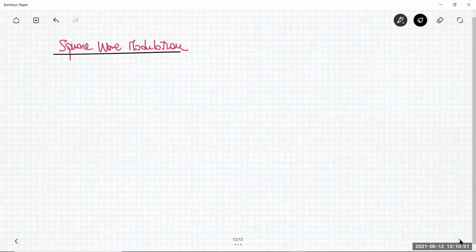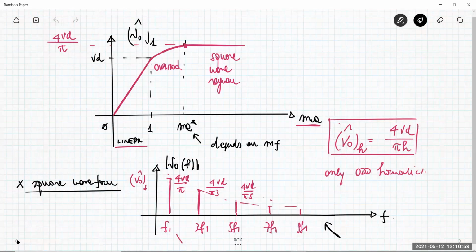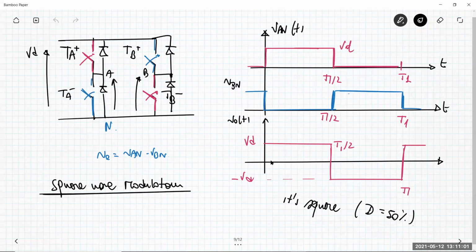So first of all, is a square wave modulation a pulse width modulation? Look at this, the waveform I obtained at the output. We cannot say that the square wave modulation is a pulse width modulation at all, because basically what I get at the output is simply a square wave having frequency f1 with duty cycle 50%.